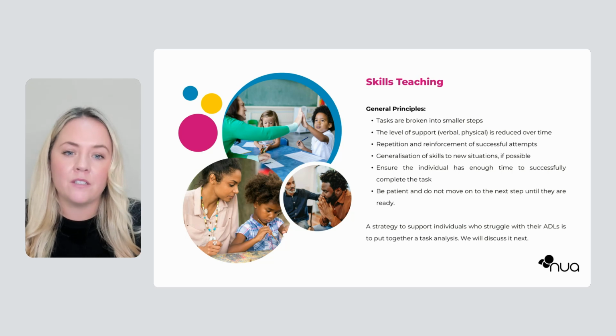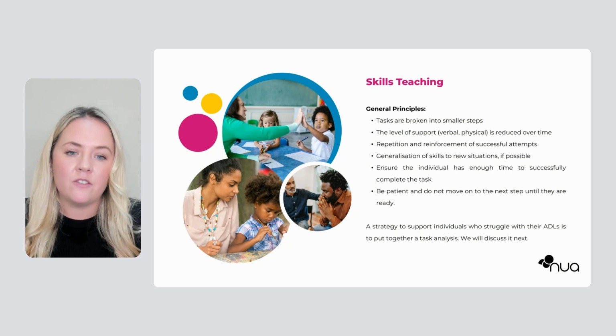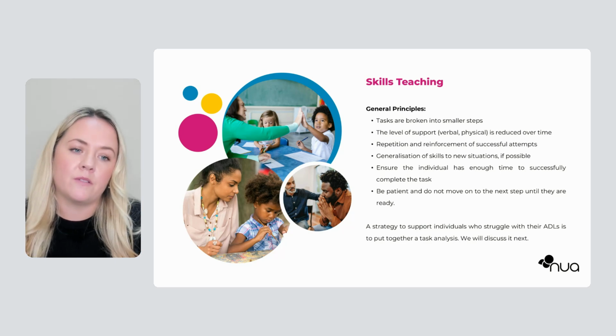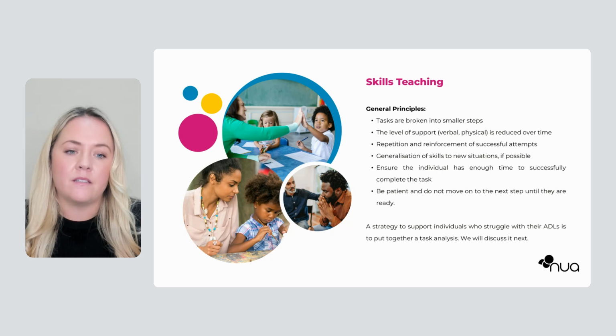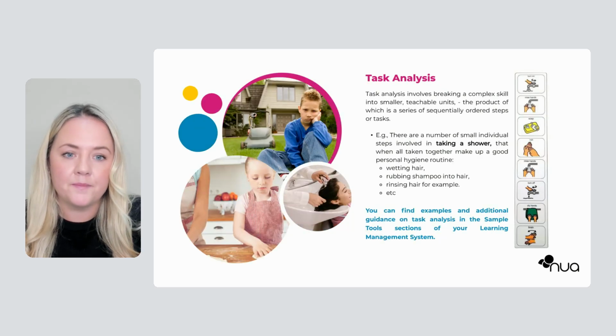So, we might be motivated to jump in and try and help somebody or do something for them. But what we're really trying to do is pull back our support, give the person time, and see if they need help over time. So, a strategy to support individuals who struggle with their ADLs is a task analysis, as I've said. So, we're going to discuss that on the next slide.